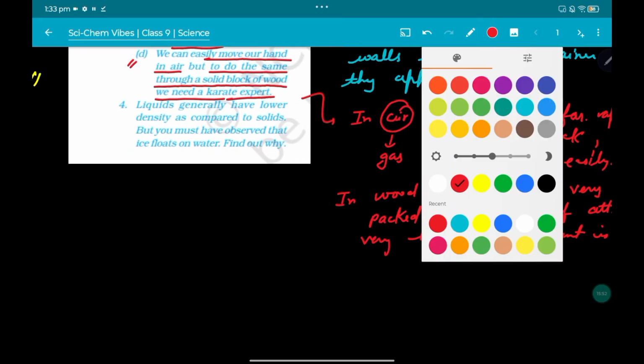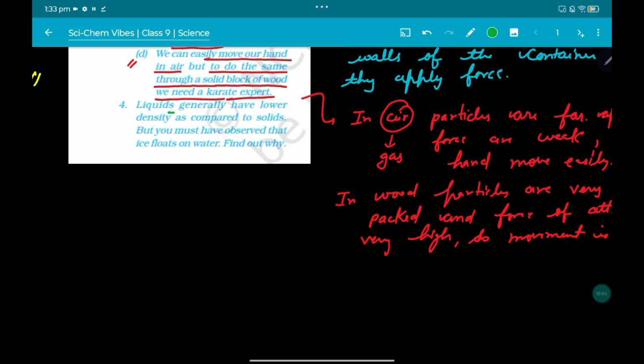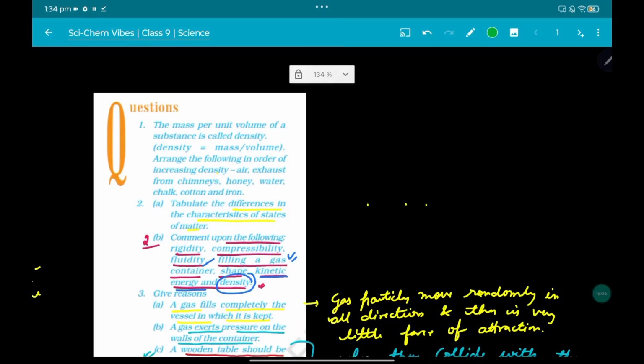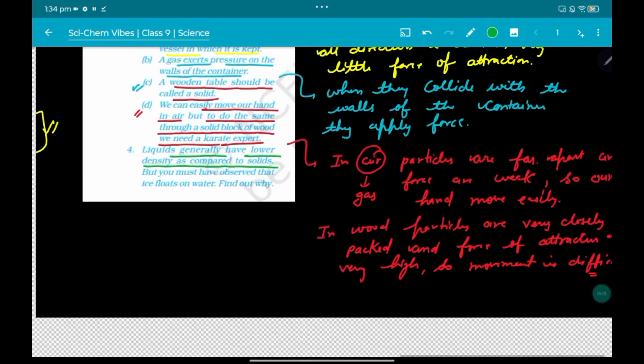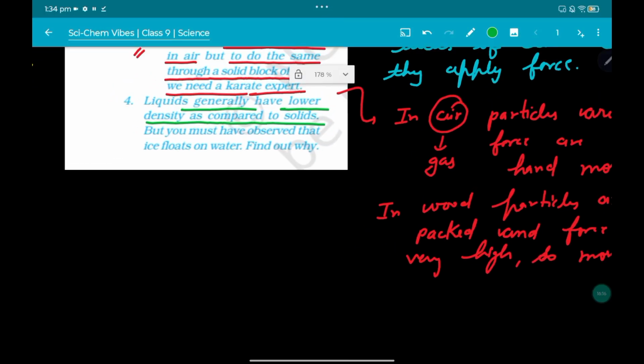Last one is, liquid generally has lower density as compared to solid. We have also discussed the density of solid, liquid and gas in answer number 1. So I hope you remember.